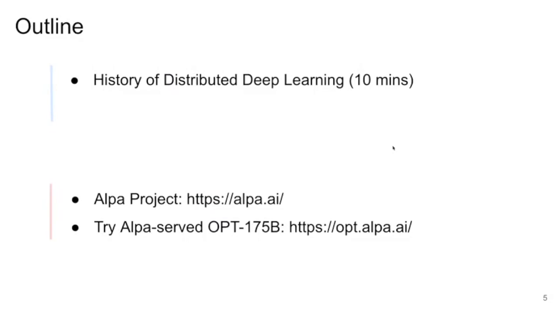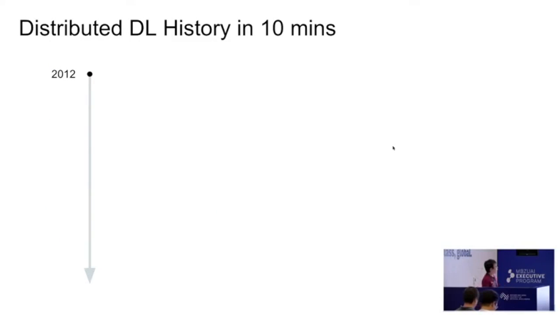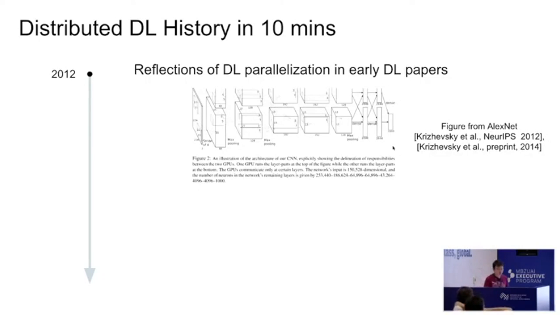Okay, let's start by giving a brief overview of the history of distributed deep learning systems in the past 10 years. What happened there? Let's start from 2012. 2012 was really an amazing year, and I guess most people have seen this figure many times since that year.